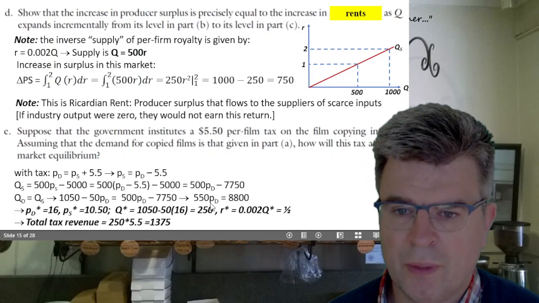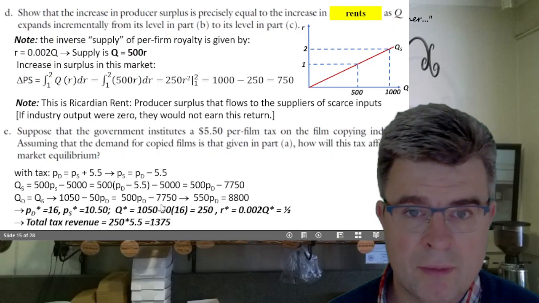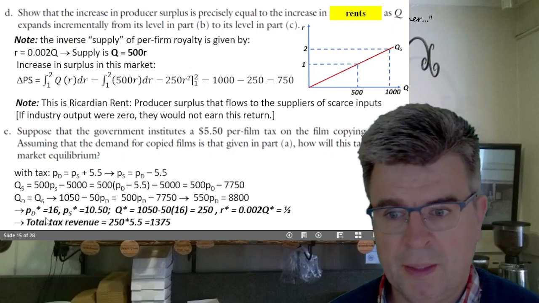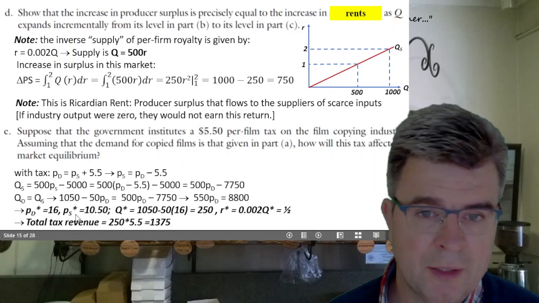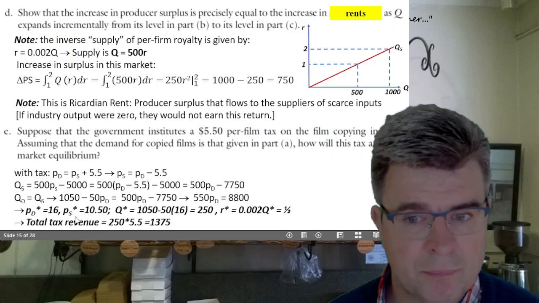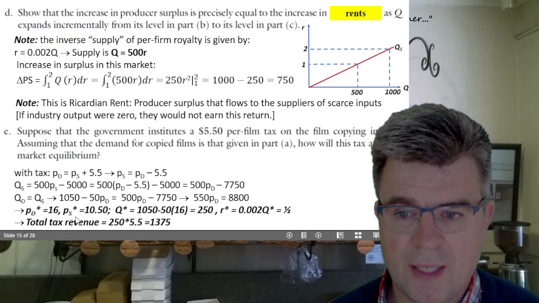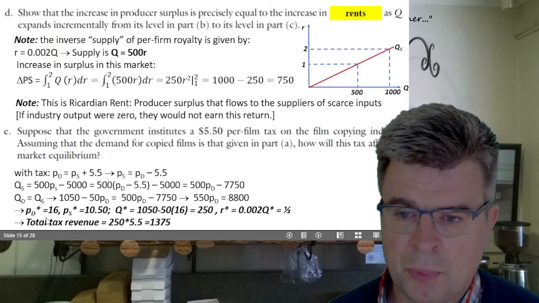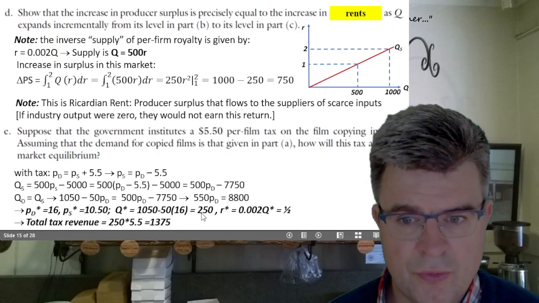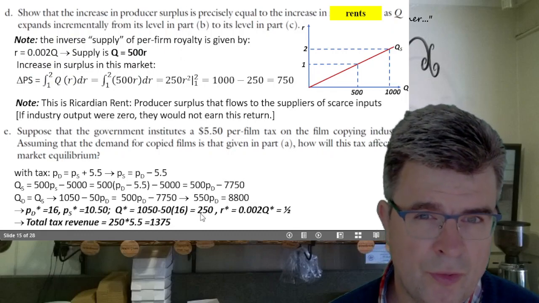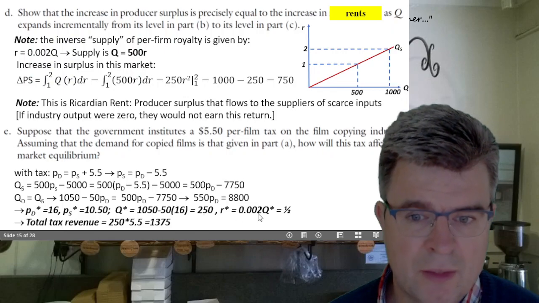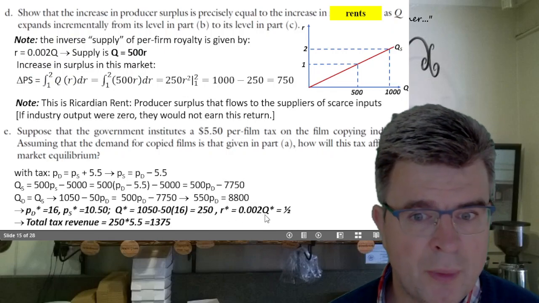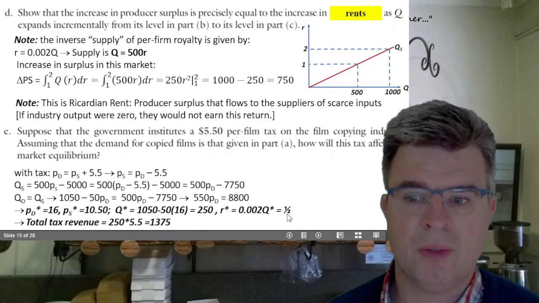We can solve for PD, and we get that the new price that the consumers will pay is 16. The suppliers get $5.50 less. That's because of the tax. And total demand at this price will be equal to 250. If only 250 copies are sold, it means that the per film royalty rate will be equal to $0.50.